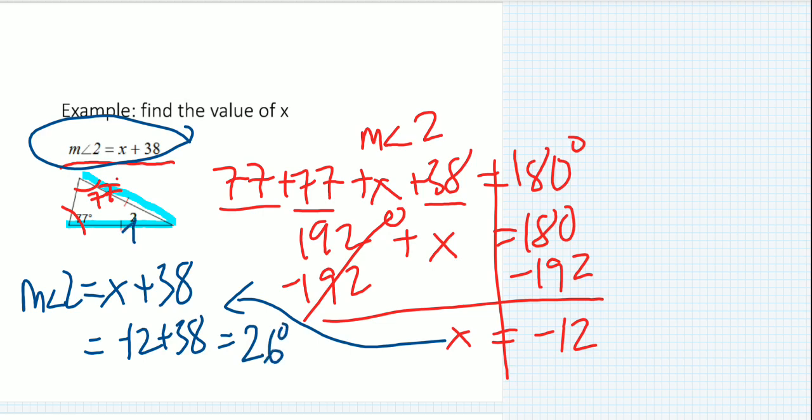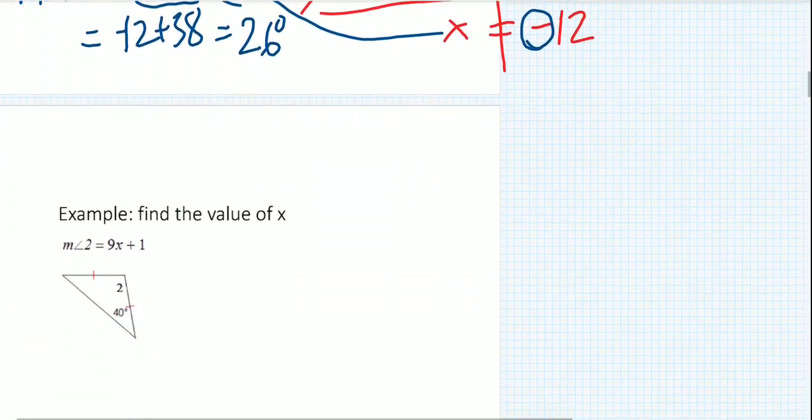So what that means is that angle 2 is equal to 26 degrees. Notice how the negative sign didn't make an angle negative. It was okay because 38 is bigger than 12. So we still get a positive answer, okay? So don't really freak out about that. Sometimes that can happen as long as you're doing the work correctly.